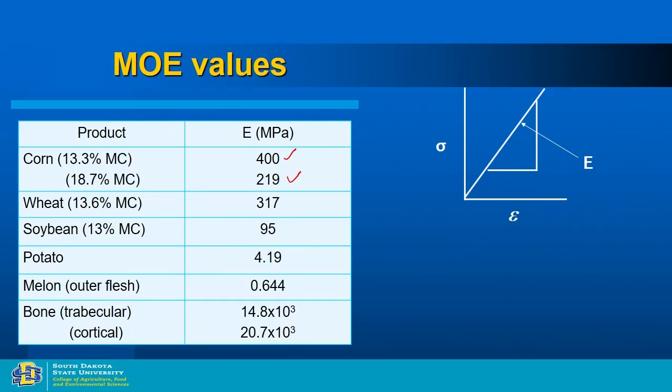When you theoretically look at these things, 13.3% moisture content will have more pore spaces. Low moisture, so it will have more spaces within the corn itself. This 18.7% moisture content will have less pore spaces compared to 13.3%.